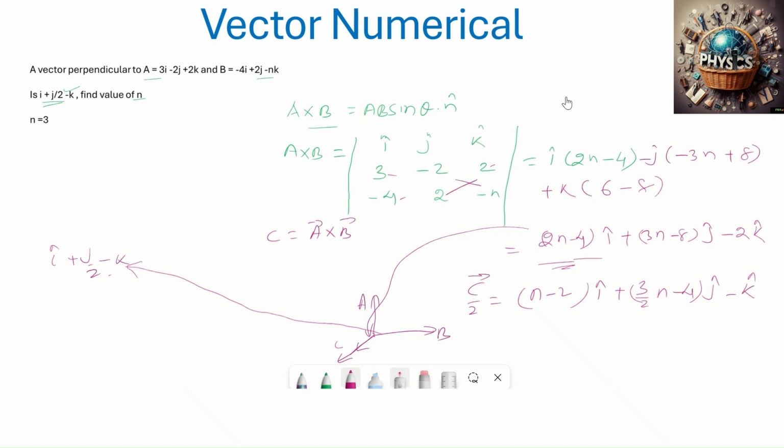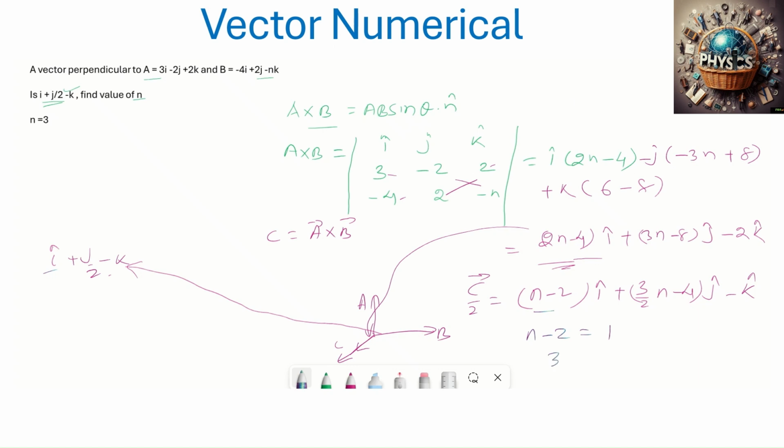Now if I try to correlate these two, then I can say n minus 2 is equal to 1.